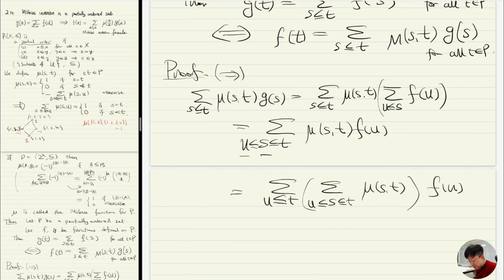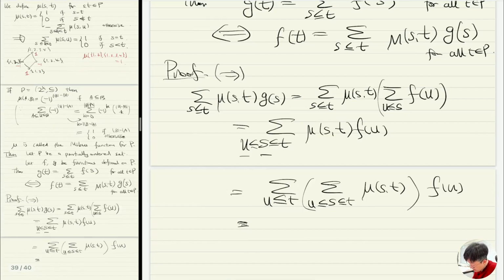By our definition, this sum is 1 if u is equal to T and 0 otherwise. So the only term that survives is when u is equal to T, and that means this is F of T.